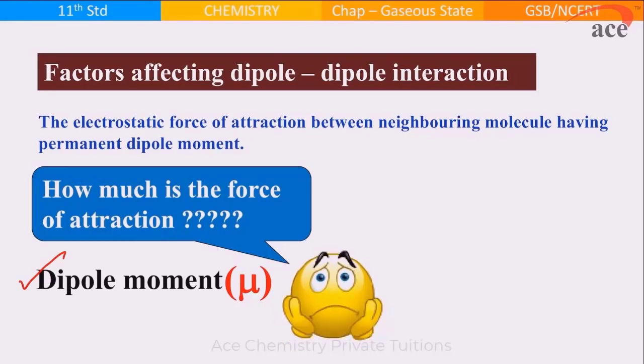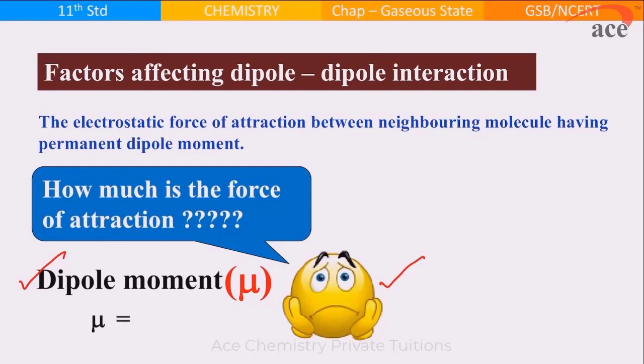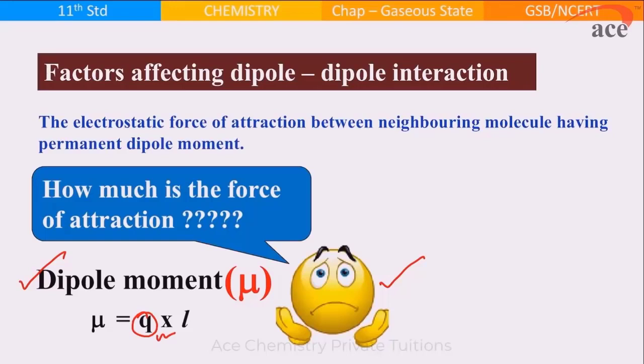If the value of dipole moment is high, the molecule will have more dipole-dipole interaction. But how do we calculate that? There is a formula to calculate. Mu is equal to Q, the charge, multiplied by the distance between the two bonded atoms.